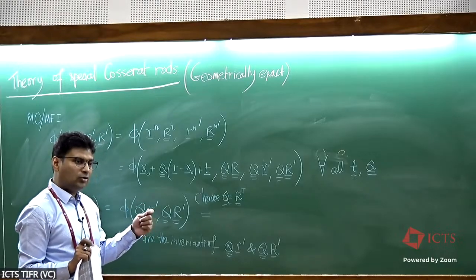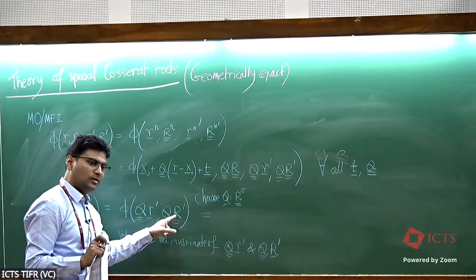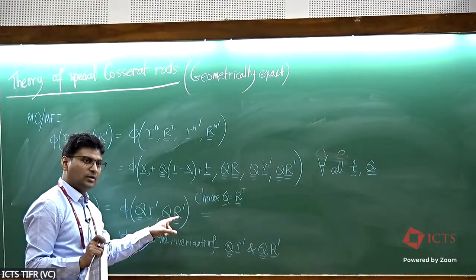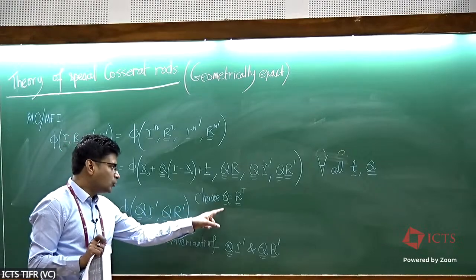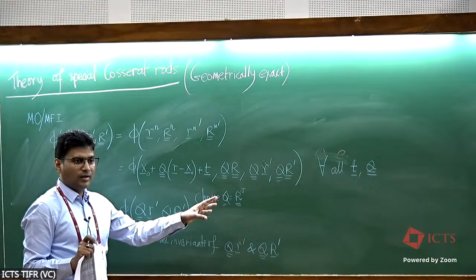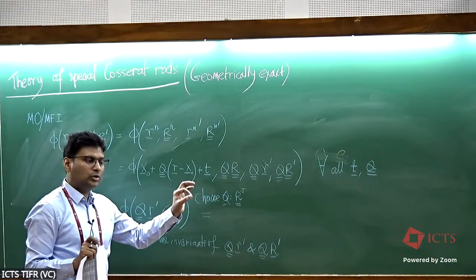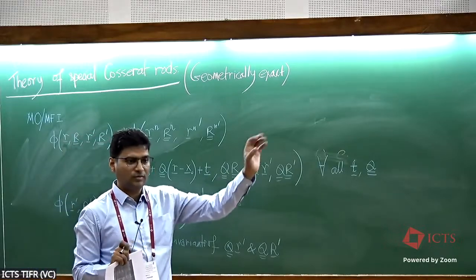So think of at a local point, whatever is your big R of S, take your Q to be the same big R transpose. For a given S, and you can do this for every S one by one.